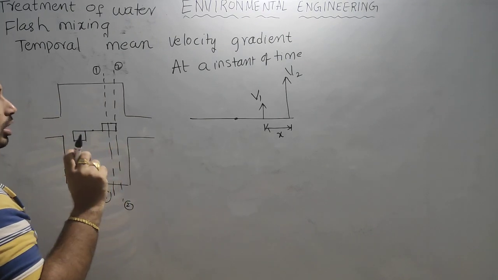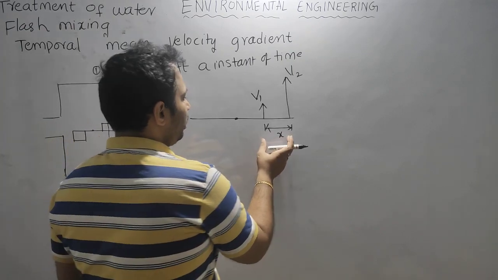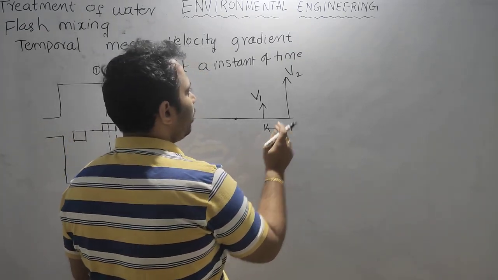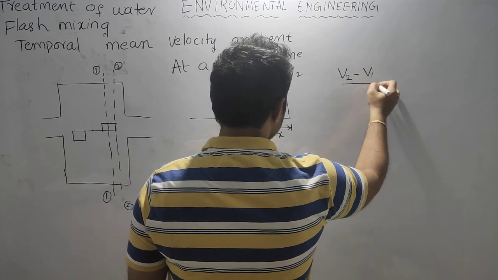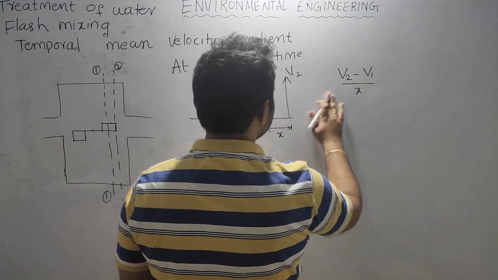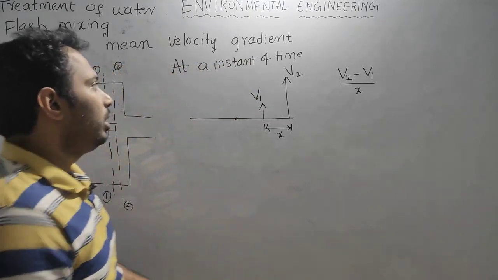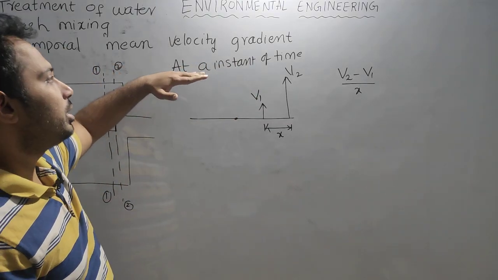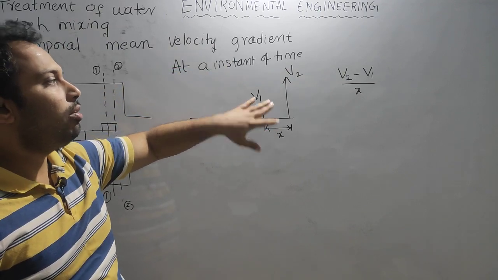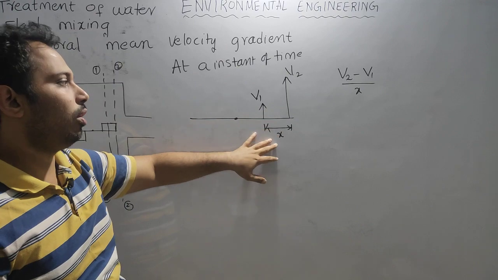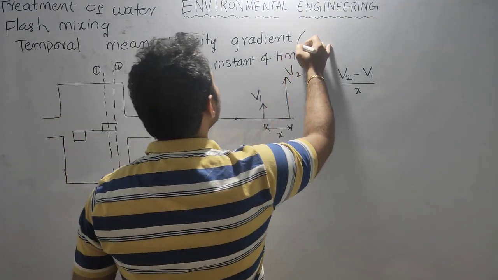Temporal mean velocity gradient. Velocity gradient means V2 minus V1 by x. This is nothing but velocity gradient, V2 minus V1 by x. So at an instant of time, the gradient of mean velocity is nothing but temporal mean velocity gradient.